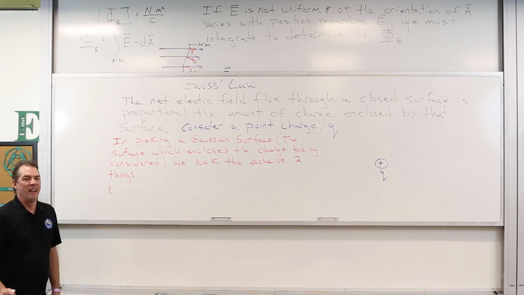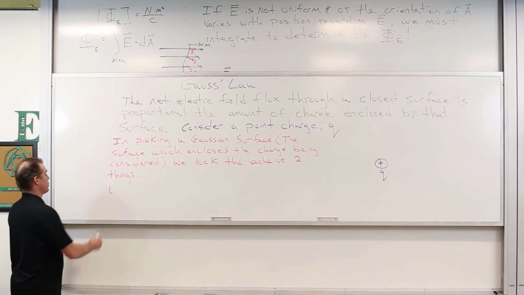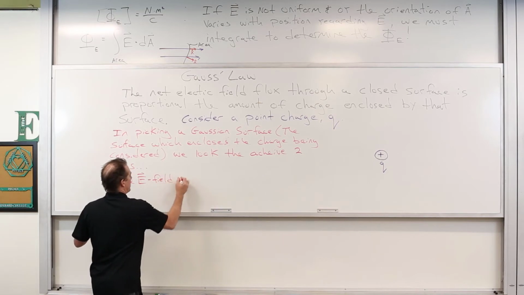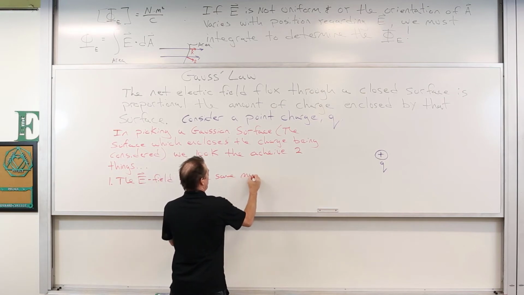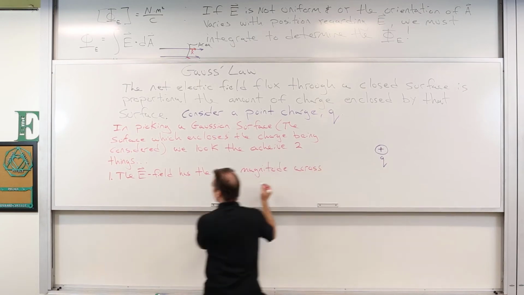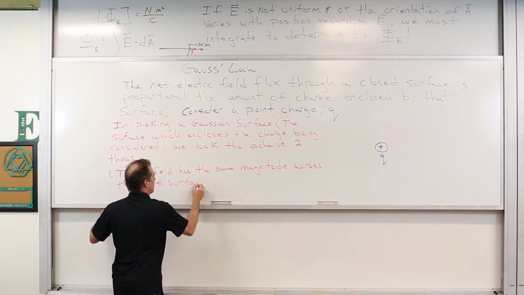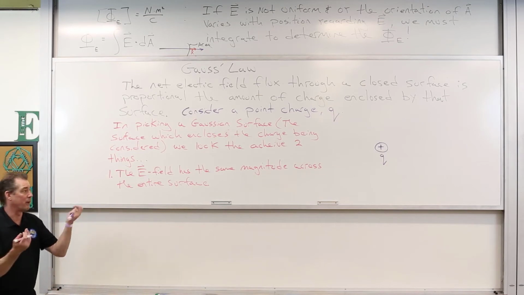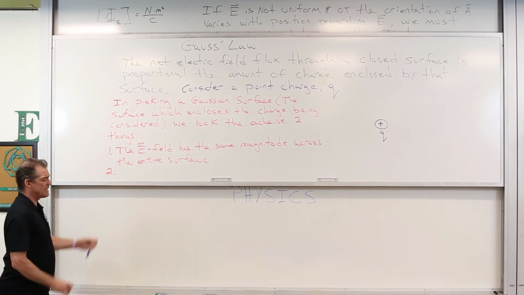Number one, that the electric field has a constant magnitude over the entire surface. We need a surface that encloses such that the magnitude of the electric field is the same everywhere. So that's number one.